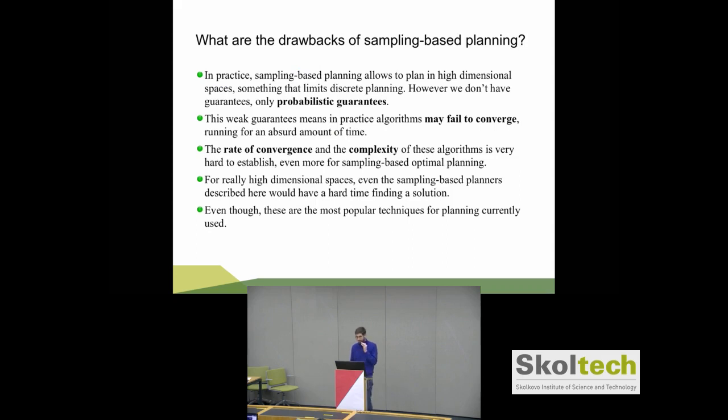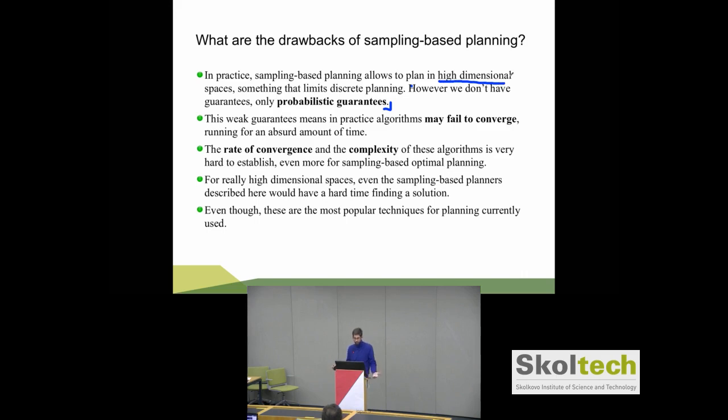Let's talk a little bit about the drawbacks of sampling-based planning. It helps, of course, compared to previous techniques, which were mostly graph search, or maybe controls. But it also has some drawbacks. I have already explained a little bit or given some hints.